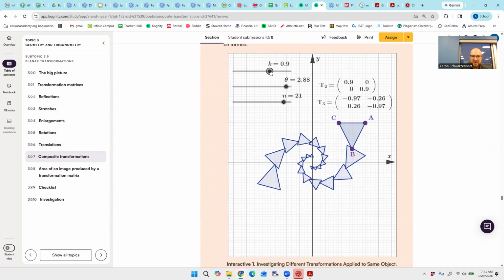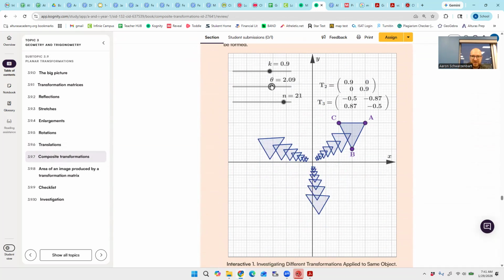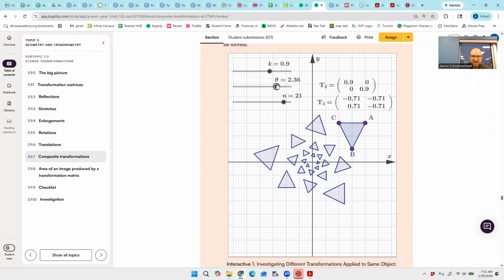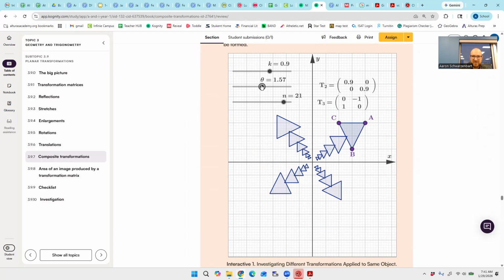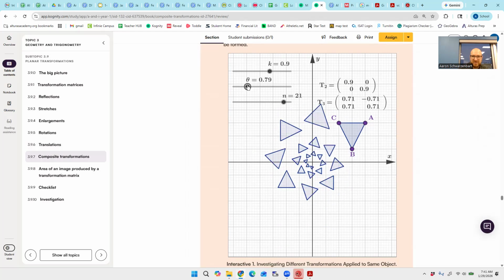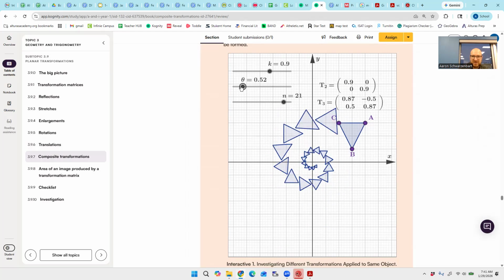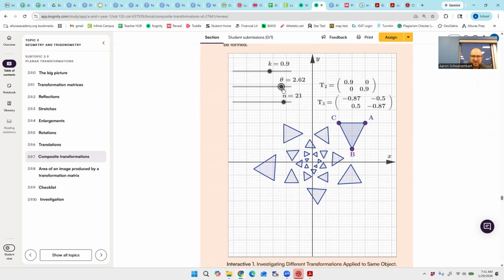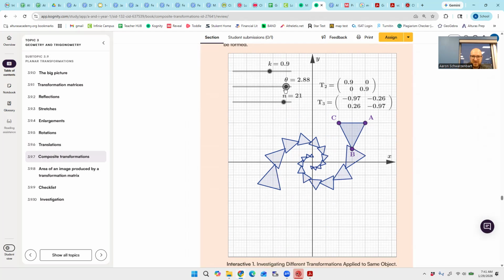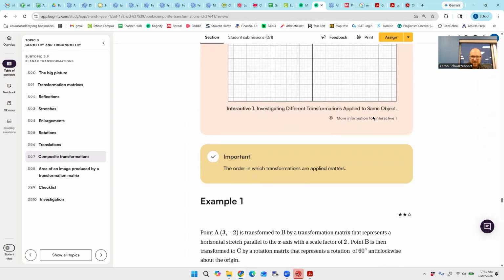Notice that if you want it to spiral in, K does have to be less than 1. The rotation, depending on how much you're rotating, you can get very different ones. And N is how many transformations it's doing. Okay, that's what it's doing.